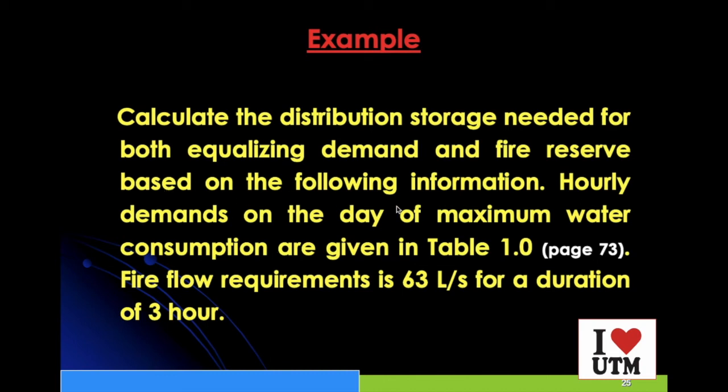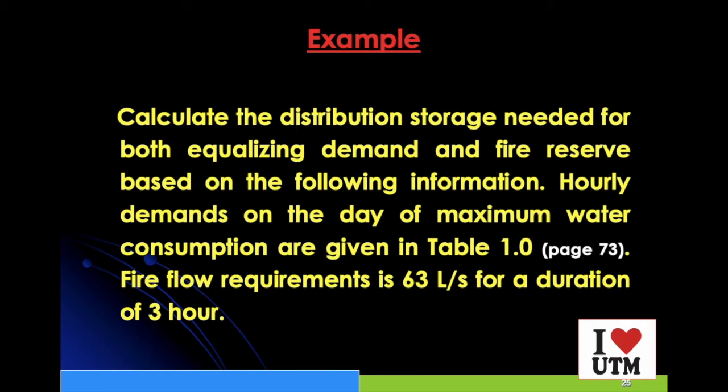Hourly demands on the day of maximum water consumption are given in Table 1, page 73. The fire flow requirement is 63 liters per second for a duration of 3 hours. We need to know the volume of that storage reservoir.